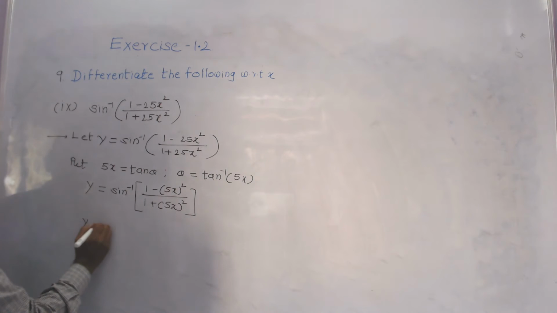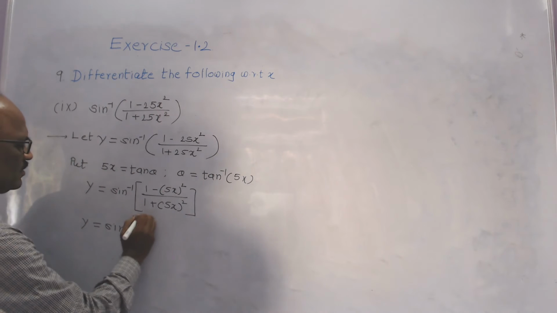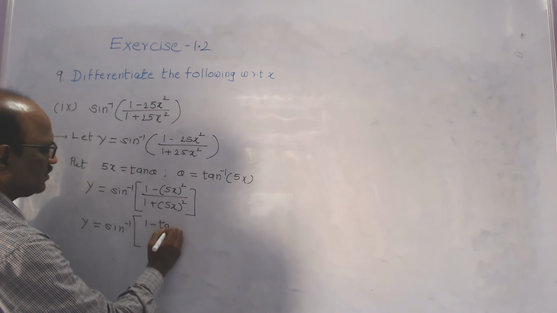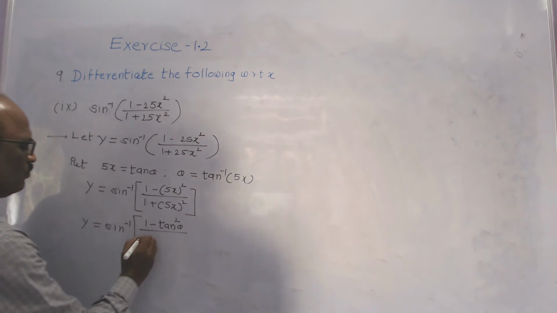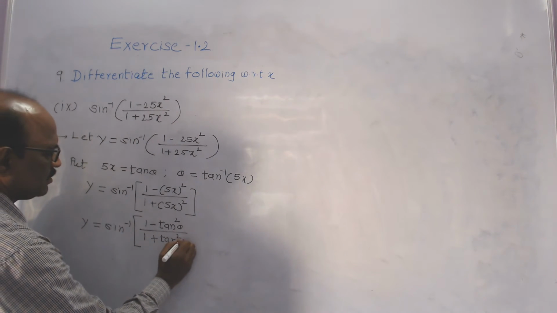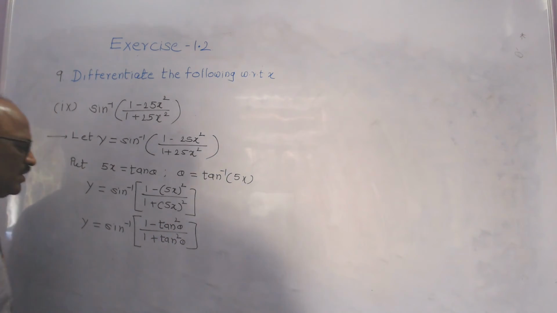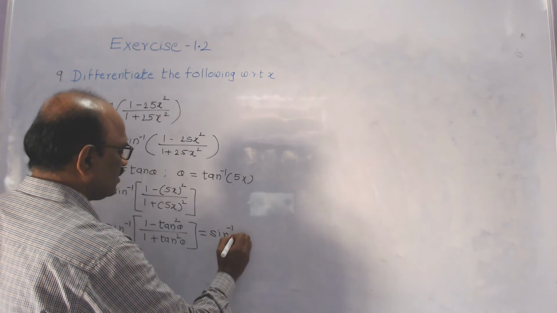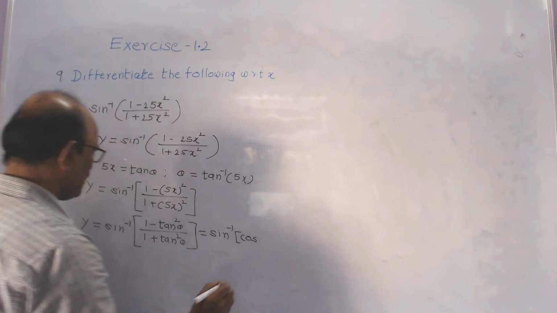So y is equals to sine inverse of (1 minus tan square theta) upon (1 plus tan square theta), and this is again nothing but cos of 2 times theta.